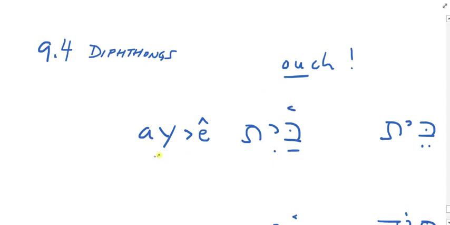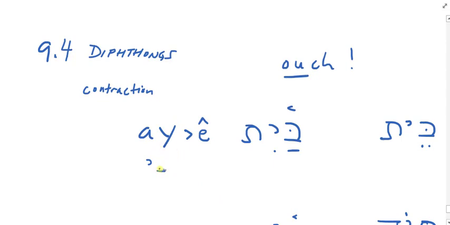And in Hebrew, we have the AY diphthong, and we're going to see that in Hebrew written as a pathak, yod, I, and there are going to be situations that we'll find where these diphthongs that come together, these two sounds are going to undergo contraction, and they're going to simplify to a single sound.